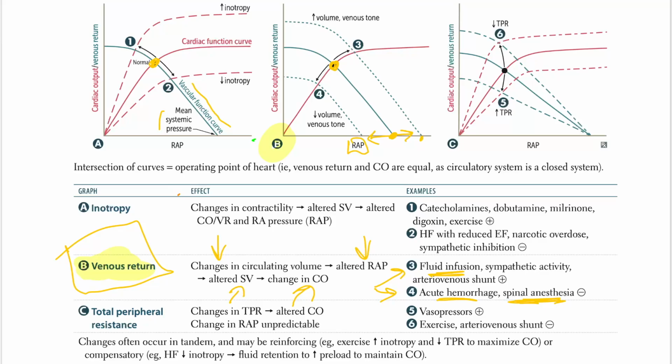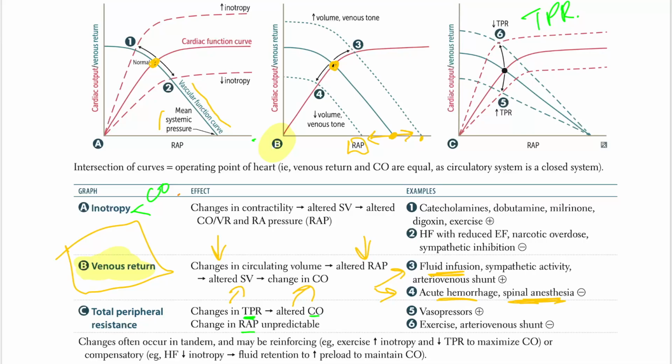Now the last one is all about your total peripheral resistance, TPR. Let's change color first. So let's look at TPR, your total peripheral resistance. A change in total peripheral resistance will again alter the cardiac output and change the RAP. First we were looking at how inotropy, your contractility, would only change cardiac output.